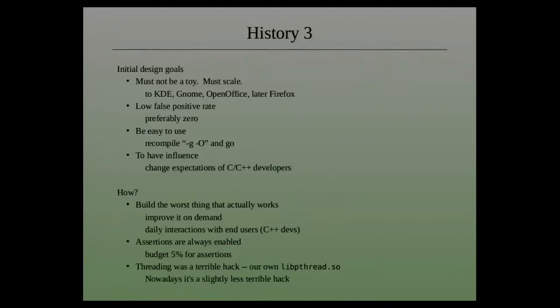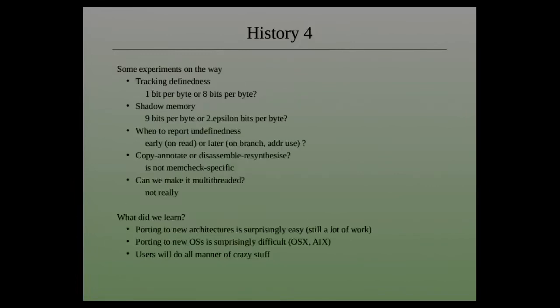And version 1 of Valgrind actually did that. It was completely insane, and it's actually not really possible, because libpthread is so connected to glibc that you can't really replace it. Now we have a slightly less stupid hack. I'll get to that later. Well, at least threads work, sort of.